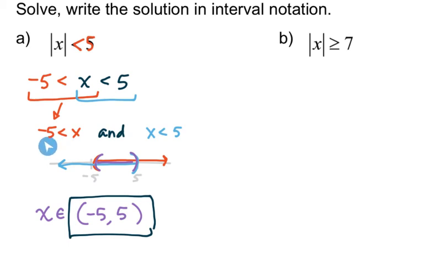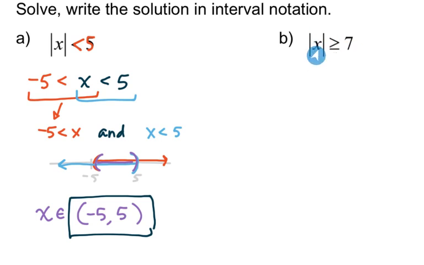So this was -5 is less than x. That's the same as x is greater than -5, which was shaded to the right. Because it was written in conjunction, it was an and statement, and and means where do the red and blue overlap.